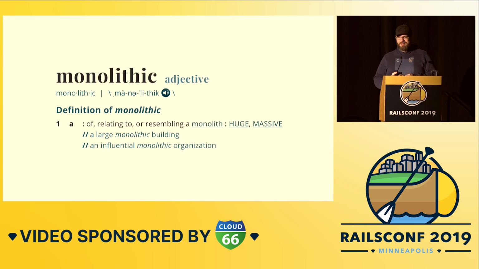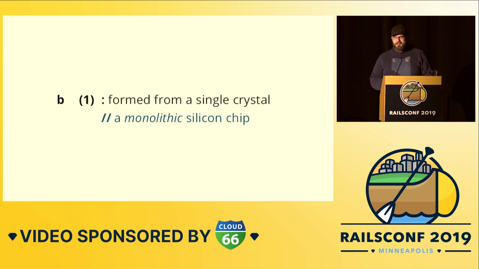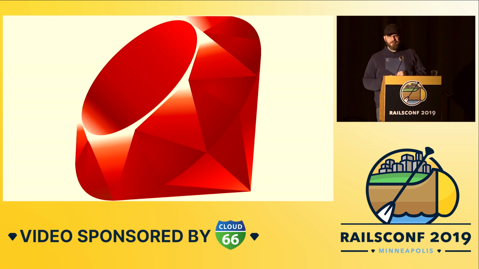Those are two of the other adjectives associated with monolithic, which I thought was kind of funny, because monolithic Rails apps over time, especially over 5 to 10 years, will start to get really large and incorporate a lot of functionality. I also really like this definition: formed from a single crystal, like Ruby.